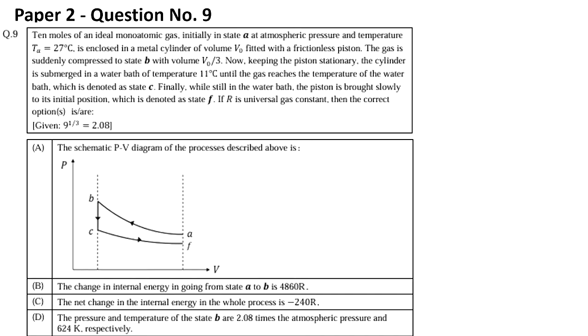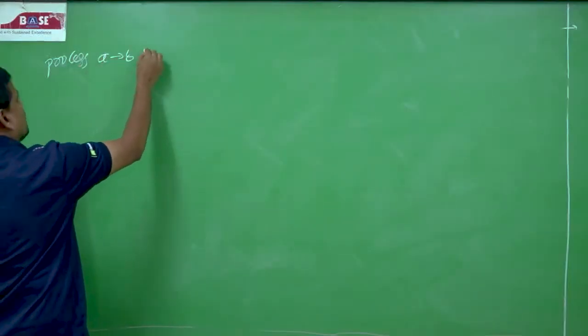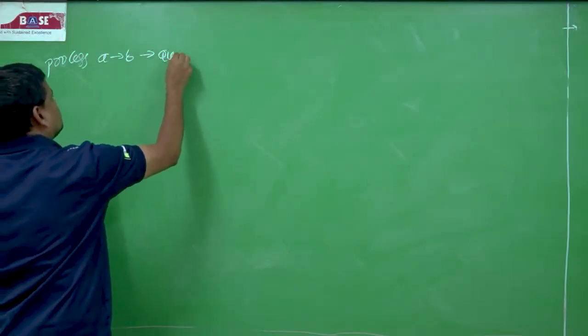So let us verify. First, they were asking about a schematic diagram. Let us see if this schematic diagram follows or not. As I was saying, process A to B is an adiabatic process, a quick process.